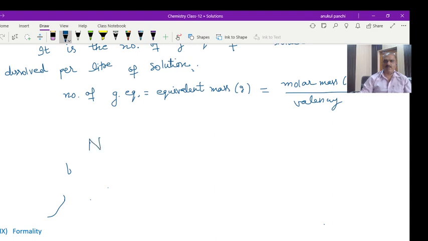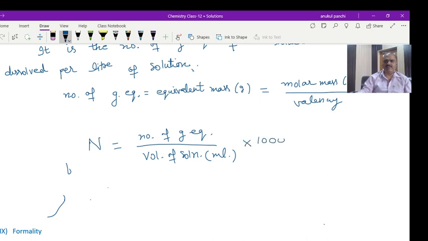And how do we make the formula of normality? Normality is shown by capital N. N is equal to number of gram equivalents upon volume of solution. Of course, volume will be in milliliter. To convert into liter, we have to multiply this by 1000 because 1 liter consists of 1000 milliliter.